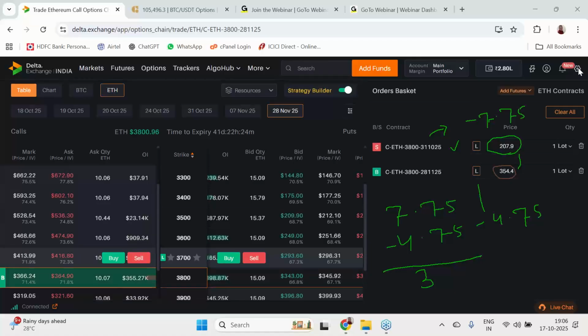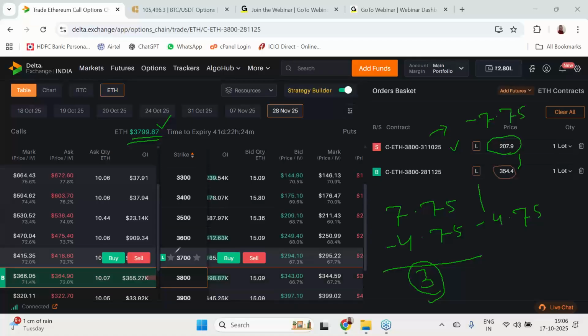Here I told you about the debit calendar. This $3, very carefully listen to this statement. This $3 gain will come to you as long as the underlying asset remains below 3,800.